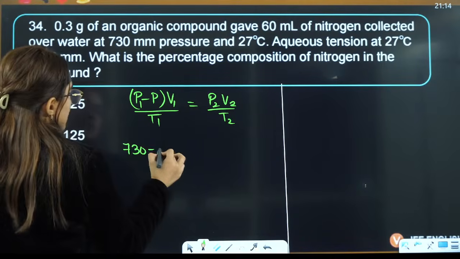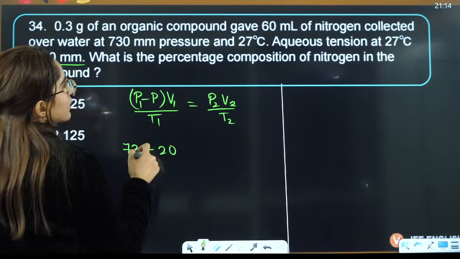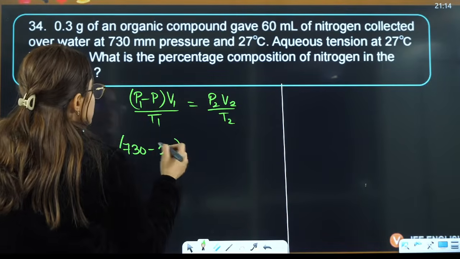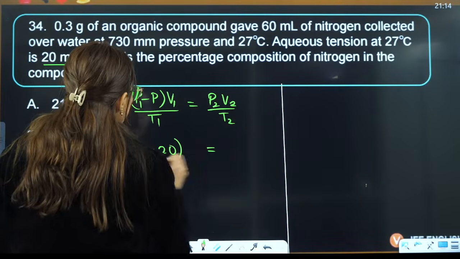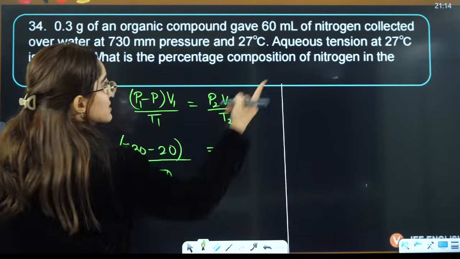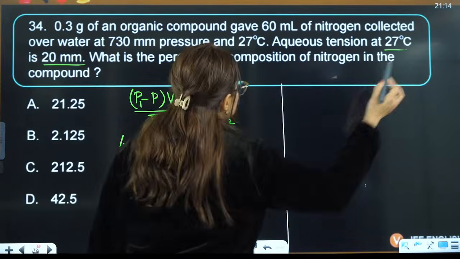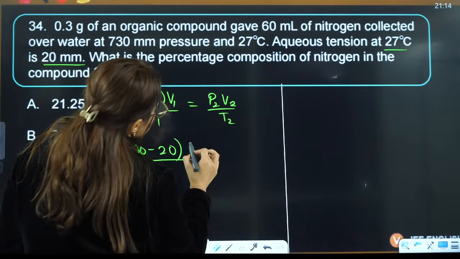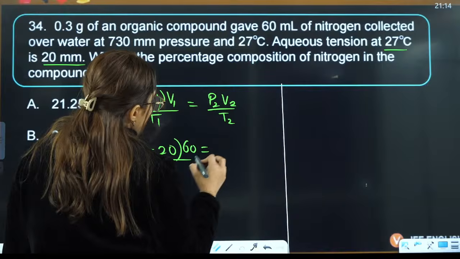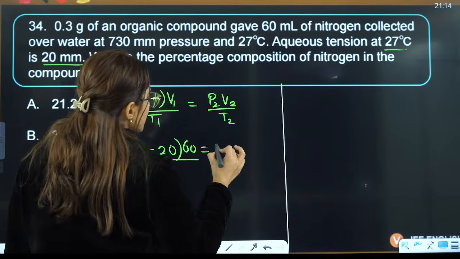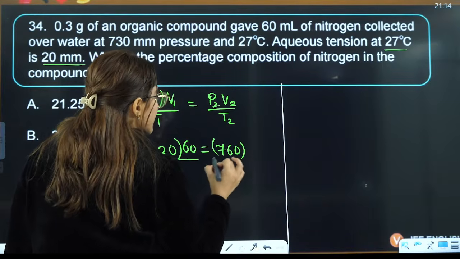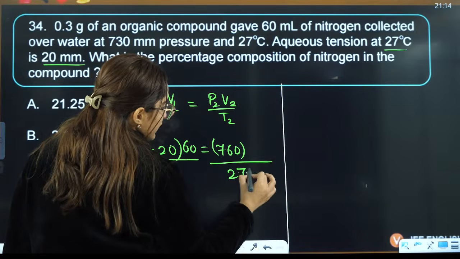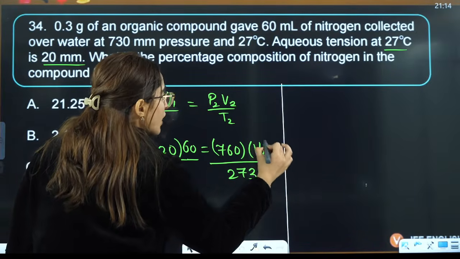P is the aqueous tension, that is 20, given here. Then you have T1, that is 327 degrees given to you. Then V1 is given to you, that is 60 milliliters. Now P2 is 760, standard temperature 273 Kelvin. V2 you have to calculate here.